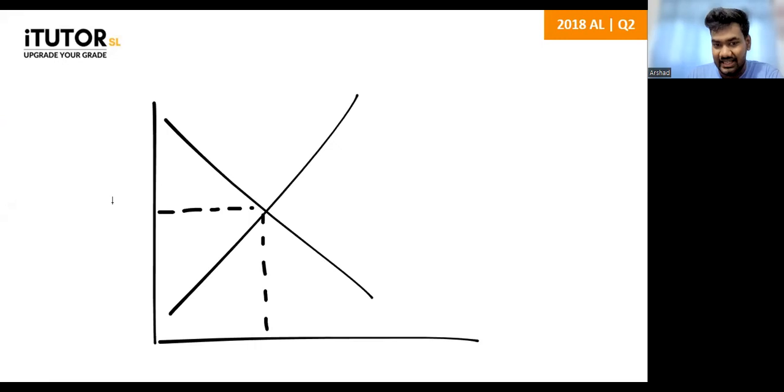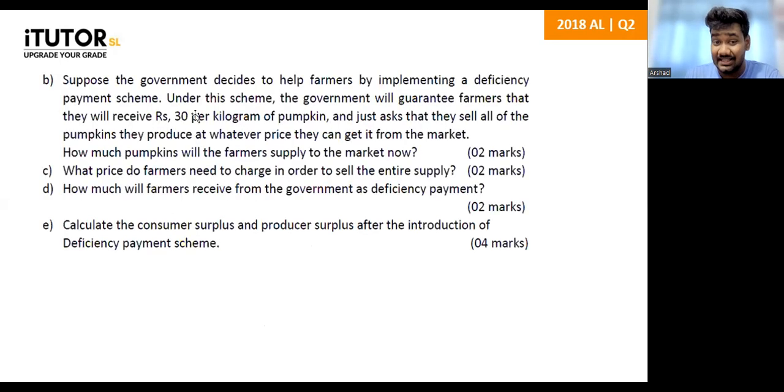According to our example, the equilibrium price was 26 and the equilibrium quantity was 90 metric tons. So in the question they are saying that the government is now coming and providing a minimum price of 30 rupees per kilo.